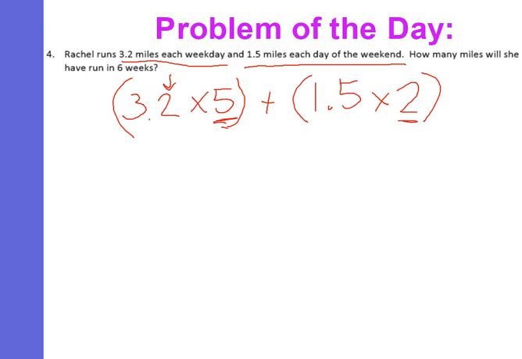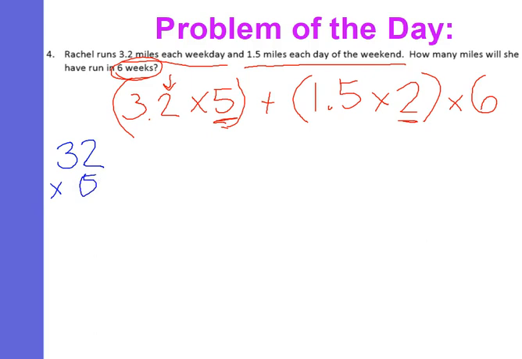But they don't want to just know 1 week. They want to know 6 weeks. So we would take the sum of all these and multiply them times 6. Now, this is an expression we can handle. Let's go ahead and take our first multiplication. 32 tenths times 5.